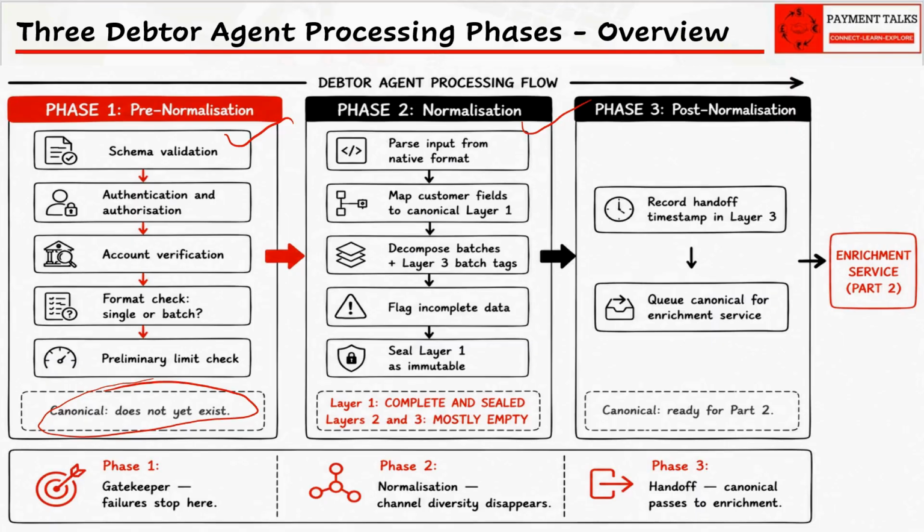Every format, every channel, every encoding converges into one identical canonical structure. Phase 3 is post normalization, the handoff. The canonical is queued for the enrichment service and part 1 ends. After phase 3, the enrichment service in part 2 picks up the canonical and the 5-stage creation pipeline begins.